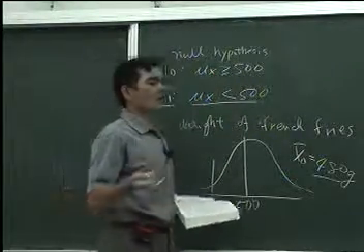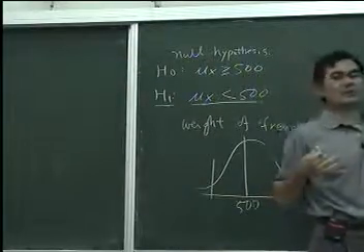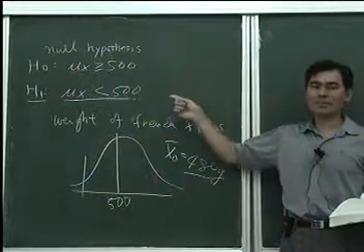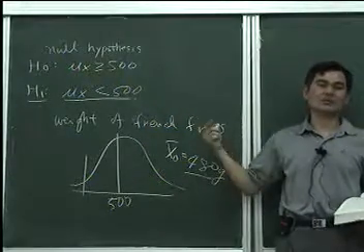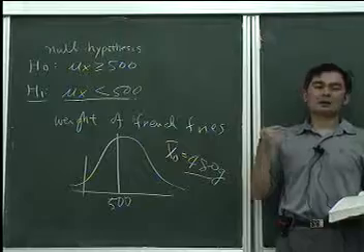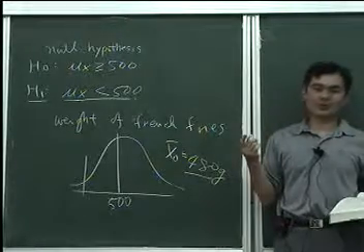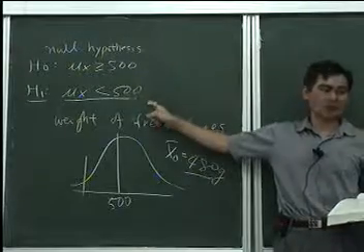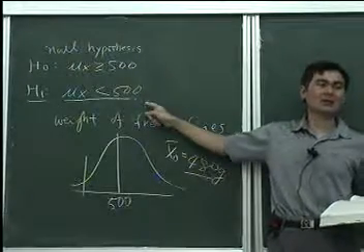In any case, before you set the null hypothesis or alternative hypothesis, ask yourself, what's your worry? We worry that this product is too little, that they don't have enough weight.